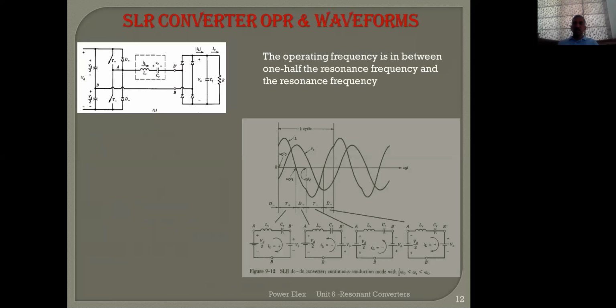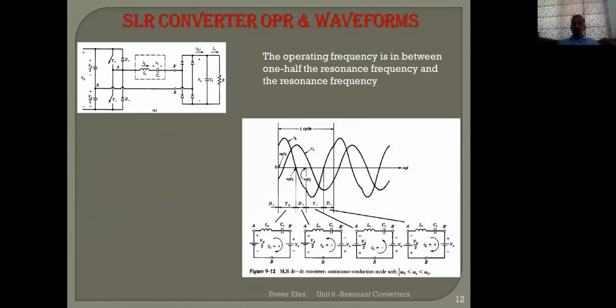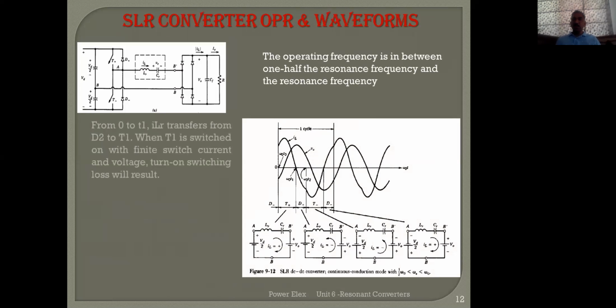So let's consider this circuit for a frequency above half of the resonance frequency and below resonance, where W0 is 50% of, or greater than 50% of, WR, but less than WR.